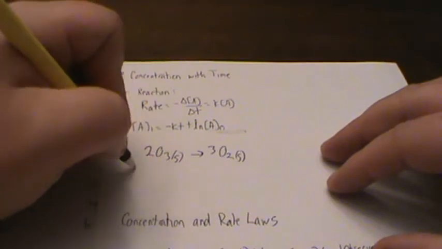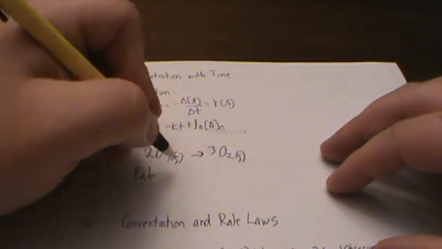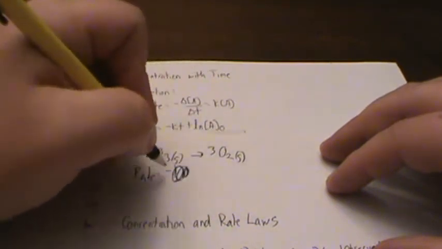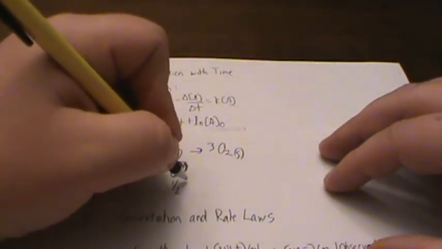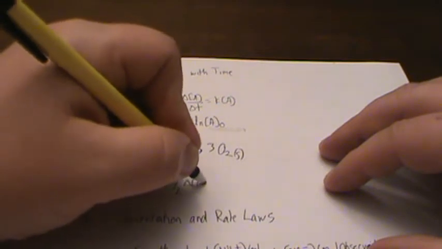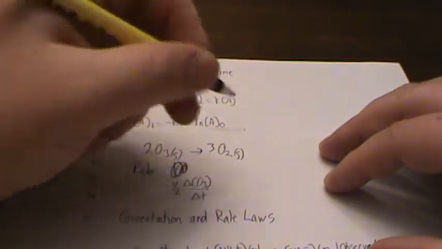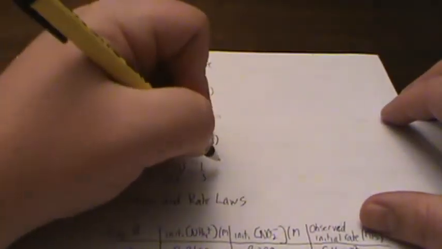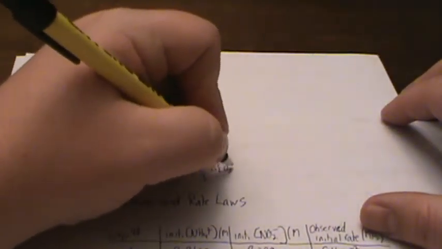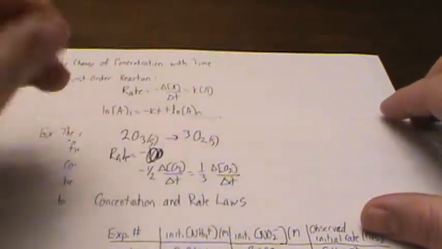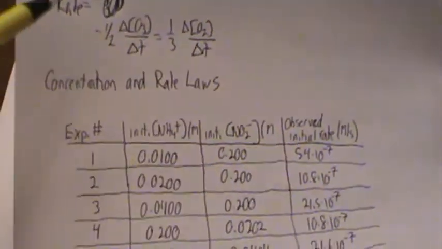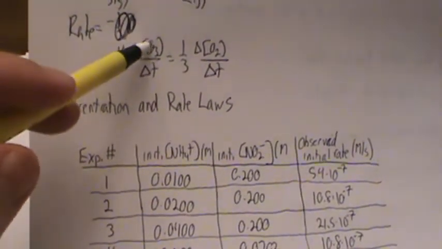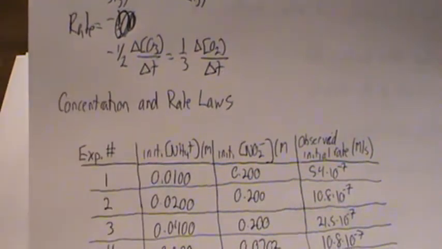So that means that the rate is equal to negative 1/2 change in O3 over change in time, is equal to 1/3 change in concentration of O2 over change in time. So we want the rate of ozone disappearing. So we want the negative change in concentration of O3 over change in time by itself.